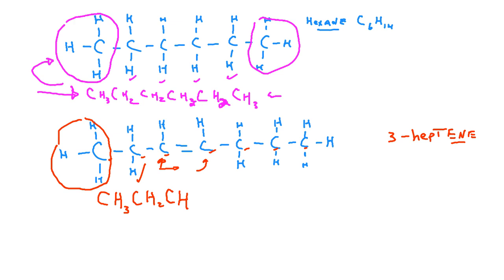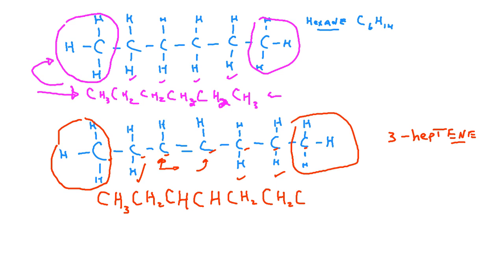Then we have a CH2, another CH2, and finally at the end, our old friend CH3. I see this unusual characteristic, CH. Maybe that's a clue that there's a double bond.